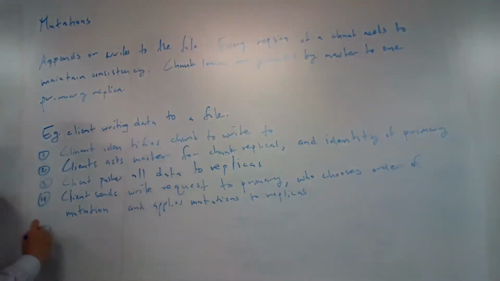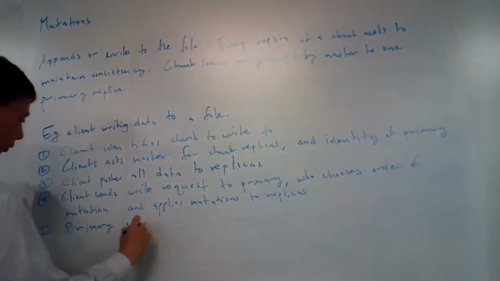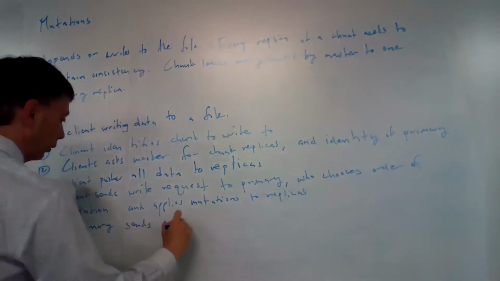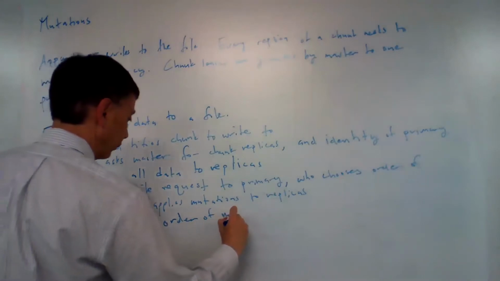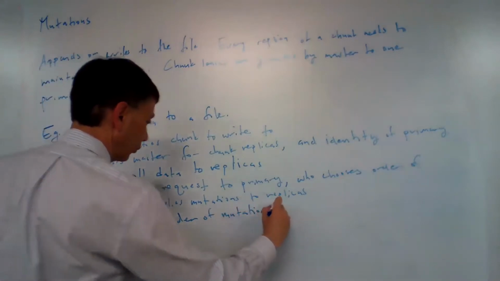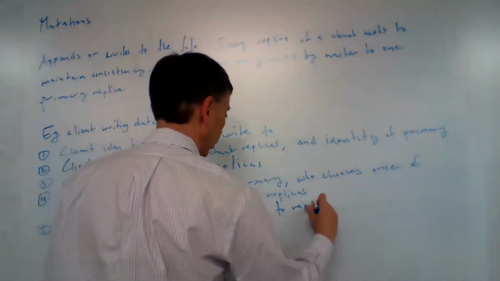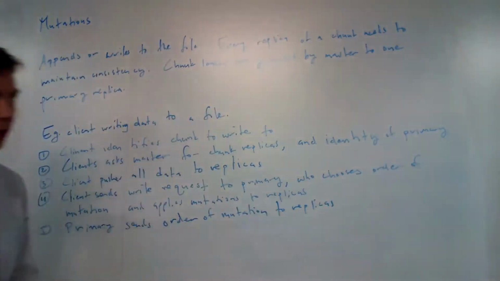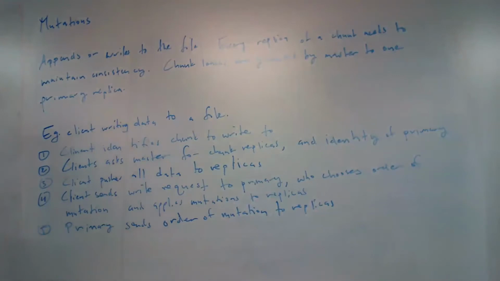And the primary sends the order of mutation to the replicas. So it tells the replicas, hey, you just got some data to write, and this is the order that you need to write it in. So this is the order that you need to take those write operations and apply them in to maintain consistency amongst all of us.